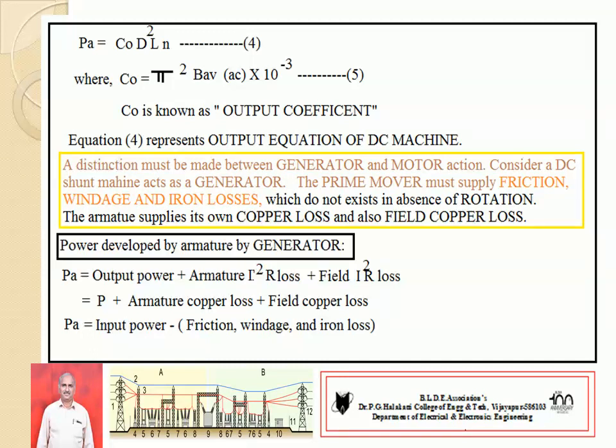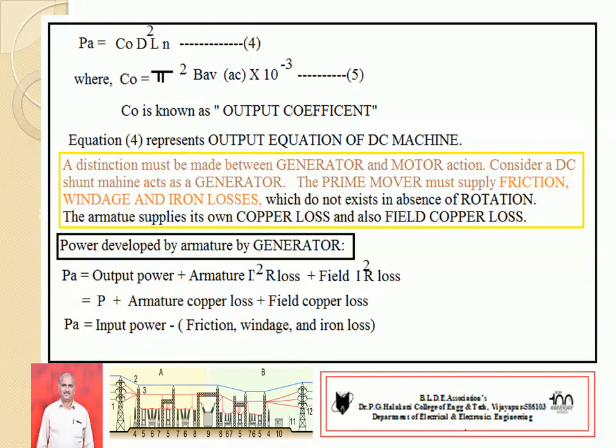Hence, the prime mover supplies friction, windage and iron losses, because it is a rotating machine. If it is not in rotation, then there is no supply of these losses. The armature of the generator supplies its own copper loss and field copper loss. That means it supplies the I square R loss.